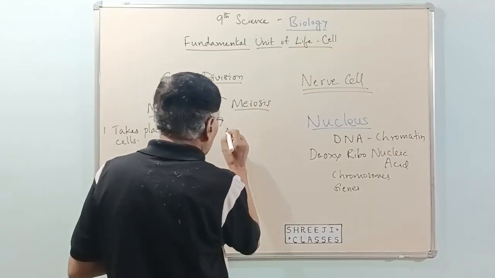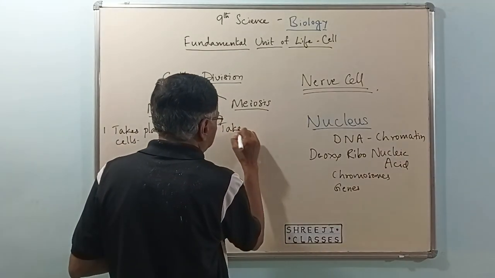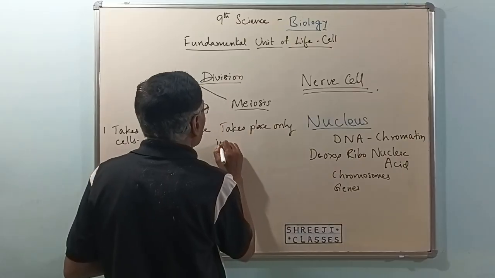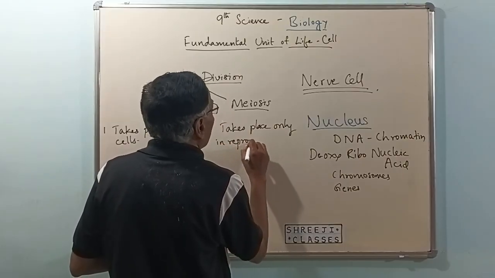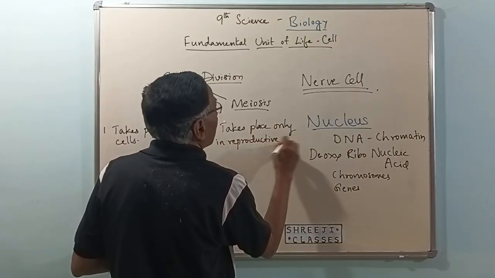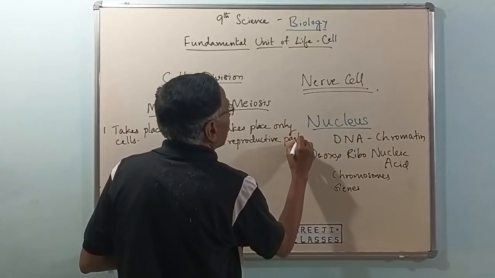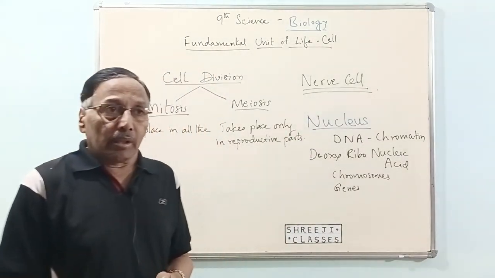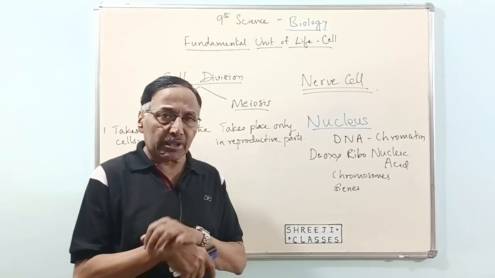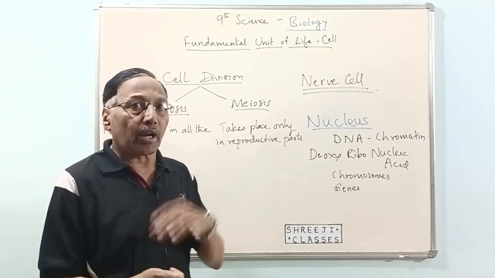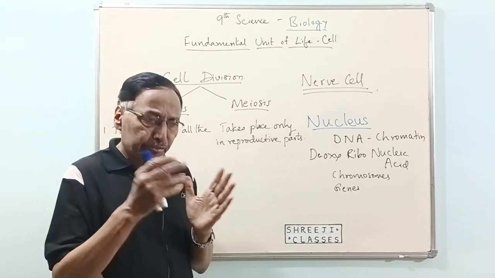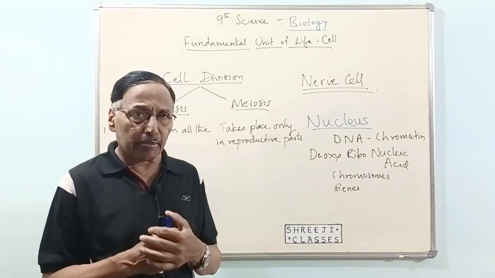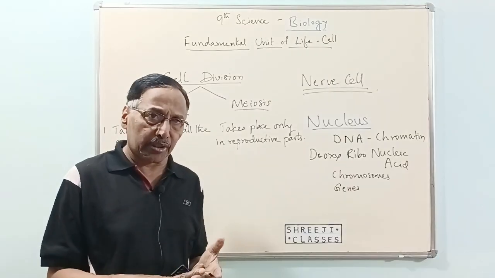Whereas meiosis takes place only in reproductive parts. Means what? In case of sexually reproducing organisms or plants, there are two sex organs, male sex organ and female sex organ.